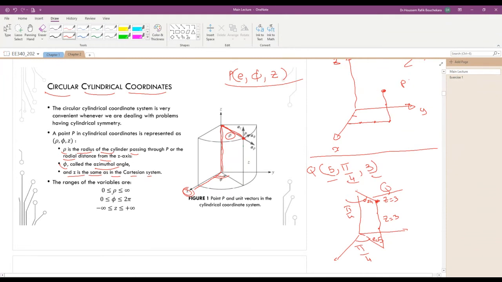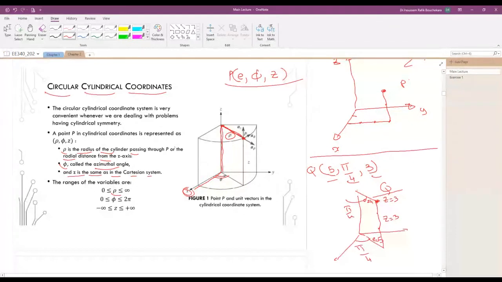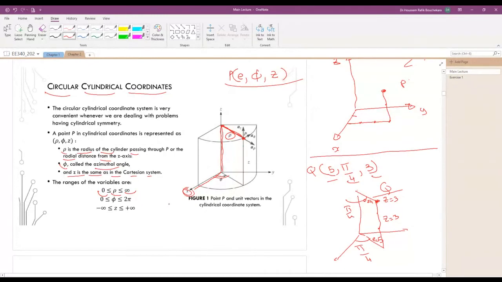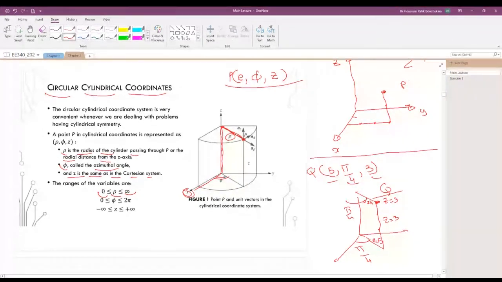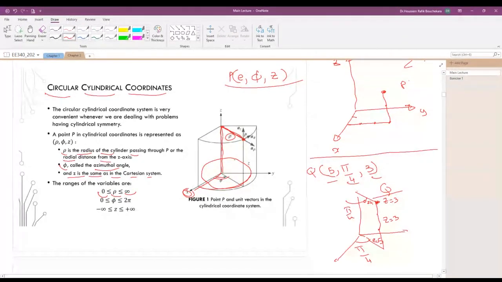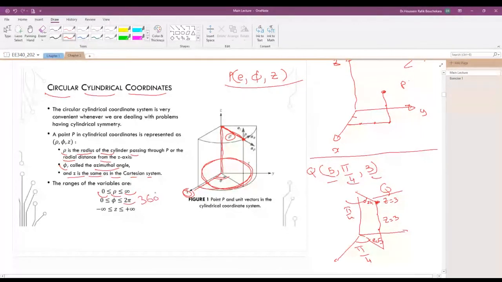When we say radius rho, guys, the radius cannot be negative, so it varies between 0 and plus infinity. The angle starts from here and goes around, so the angle can take values from 0 to 2 pi, or 360 degrees.